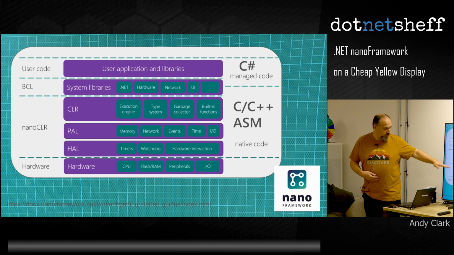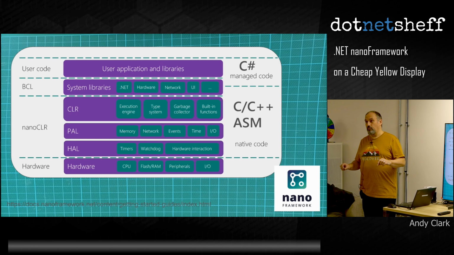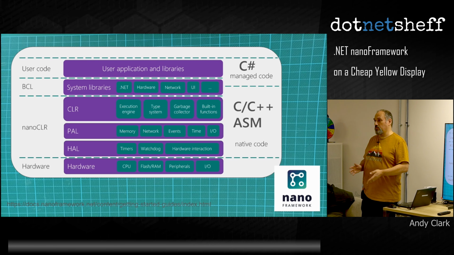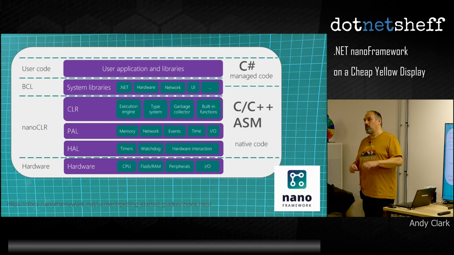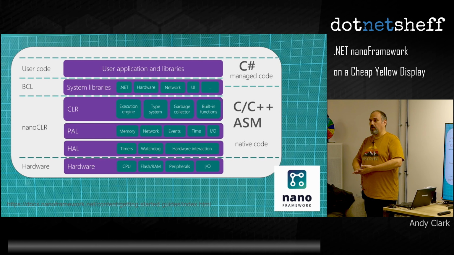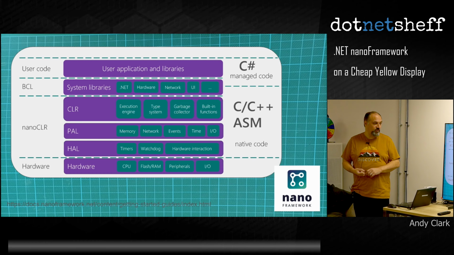And then coming up from that, we've got the hardware abstraction level. That allows the higher levels to talk to the hardware without having to know the very specifics of it. The platform abstraction layer is almost like the operating system replacement. It does things like memory management, networks, things like clocks and times, etc. So all stuff you take for granted on a desktop computer or a server, having a clock is actually an optional extra on these small devices.